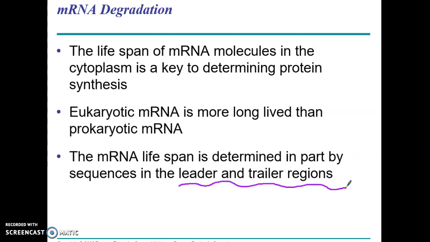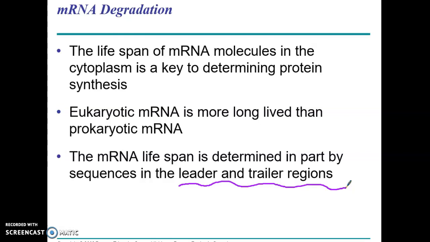Depending on how long specifically the poly A tail is will tell the cell how many times to translate the mRNA. So if it's a really, really long poly A tail, that mRNA is going to be translated a lot, and the cell is going to end up with a lot of that particular protein.